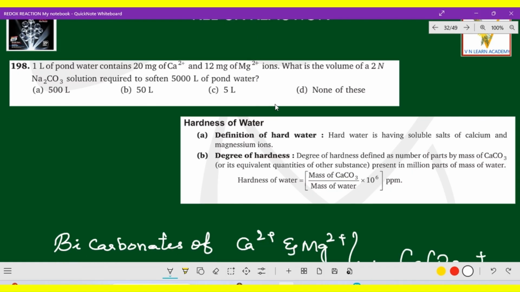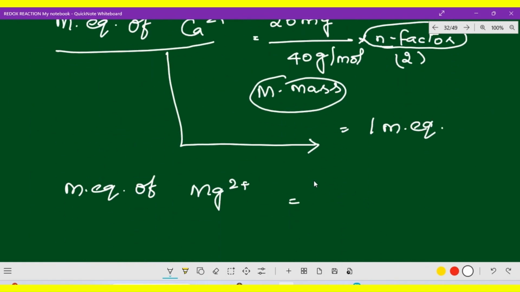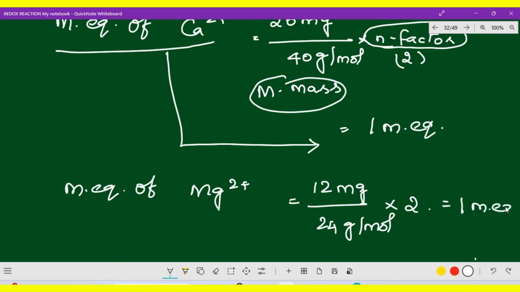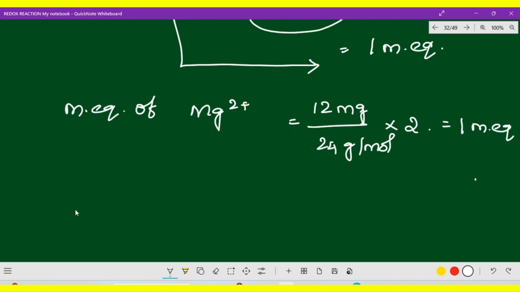So 12 milligram divided by the molecular mass of magnesium, 24 gram per mole, into N factor 2. Here also you will get 1 milli equivalent. Now the total milli equivalent of calcium and magnesium, equivalent per liter.